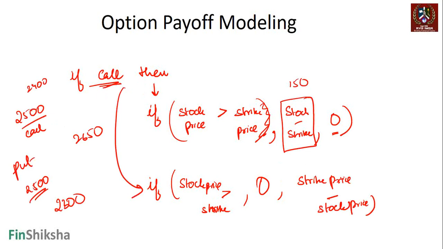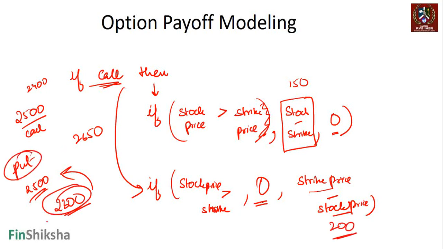If stock is greater than strike, then we say zero. It is not in this case. The stock price is 2300 and the strike is 2500. So we take strike, which is 25 minus 23. So 200 rupees is the profit if this was a put and the price was 2300. Correct?